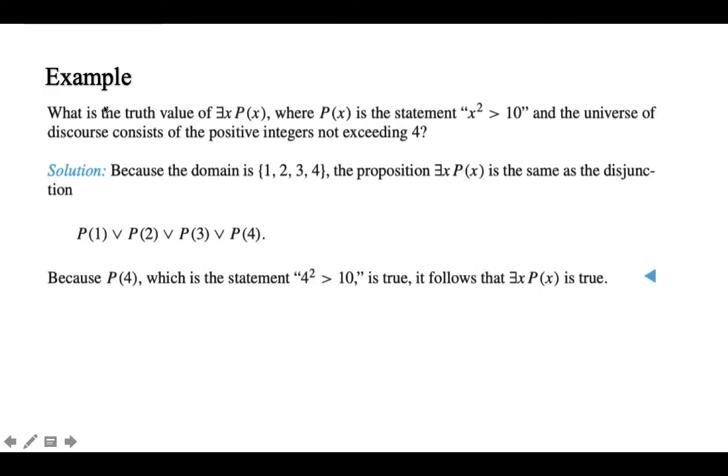Next example: what is the truth value of "there exists x, P of x", where P of x is the statement x squared is greater than 10, and the universe of discourse consists of the positive integers not exceeding 4?